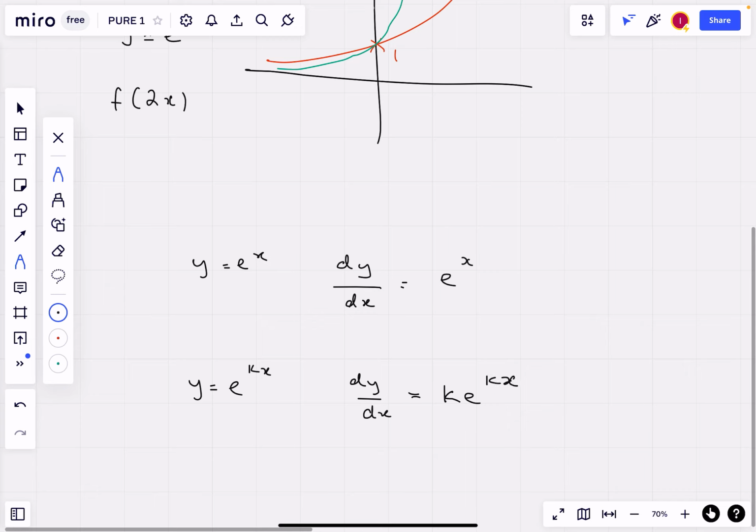There's no minusing from the power with exponentials. Let me rephrase that. There's no minusing from the power with e specifically. There is multiply, there's no minus.